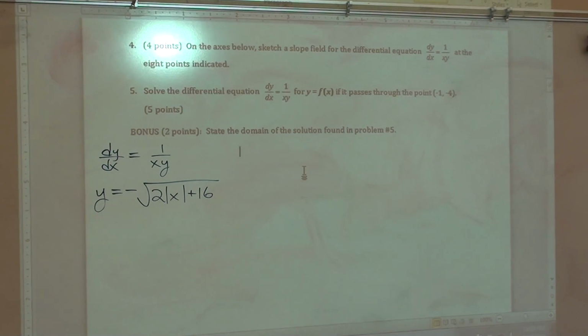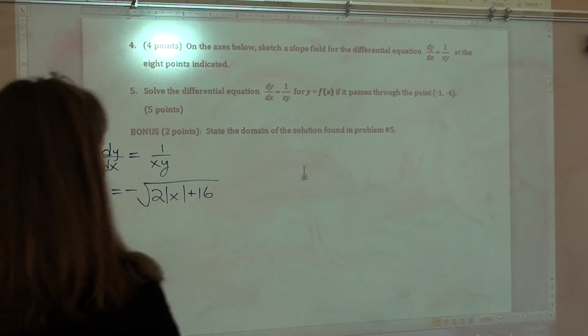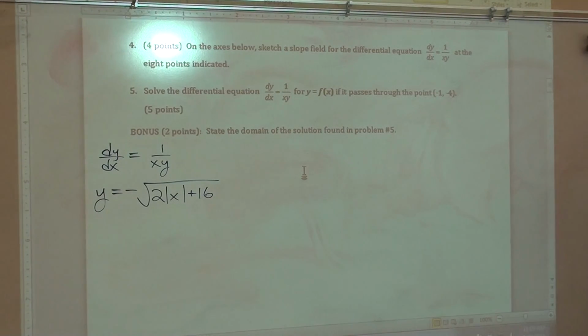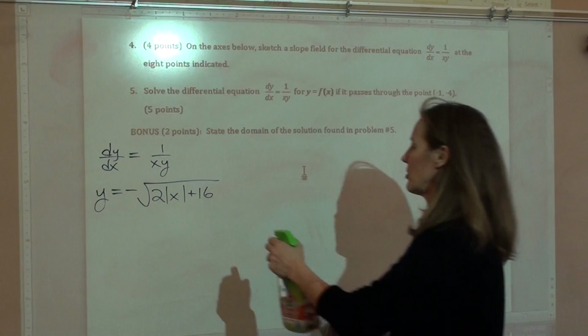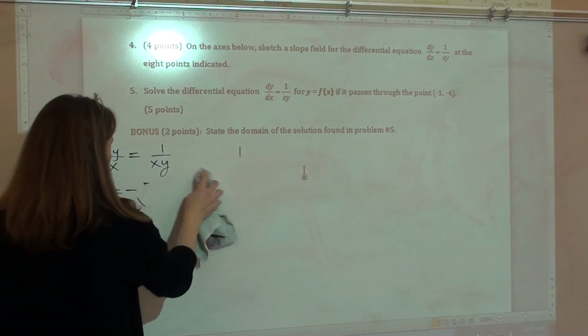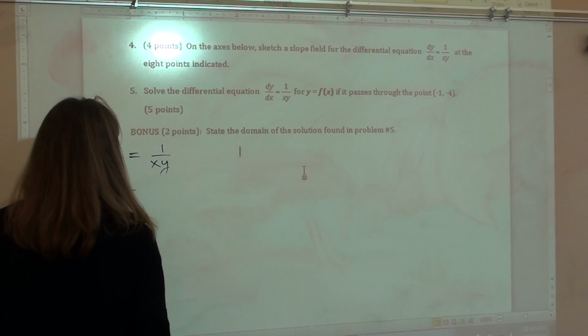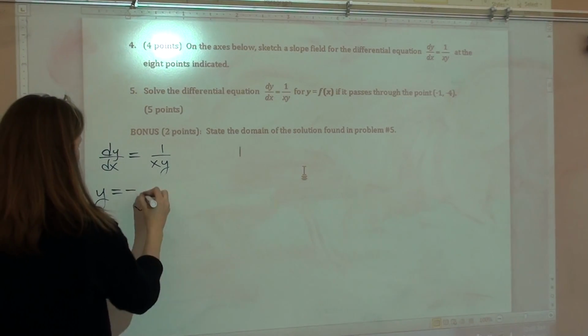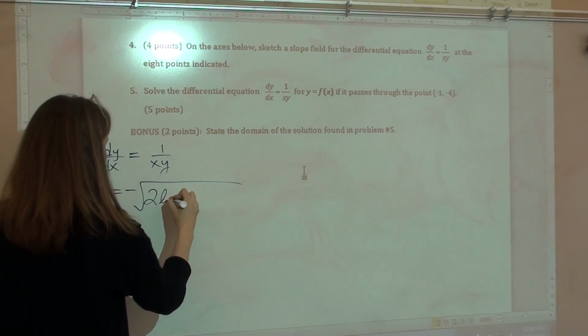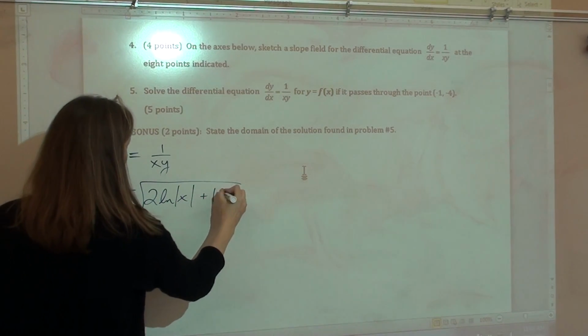Oh, it's ln of absolute value x. Thank you. I knew you needed ln. Okay, so it's 2 ln absolute x plus 16. I got them flipped around, that's why. So we have y equals negative square root of 2 ln absolute x plus 16.